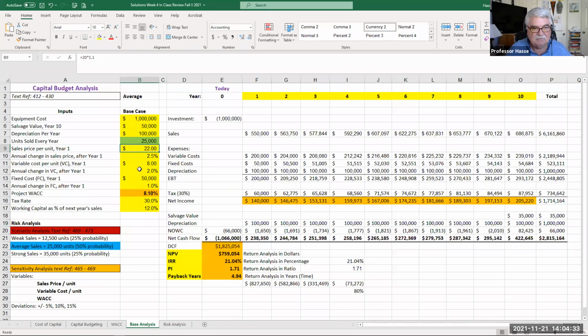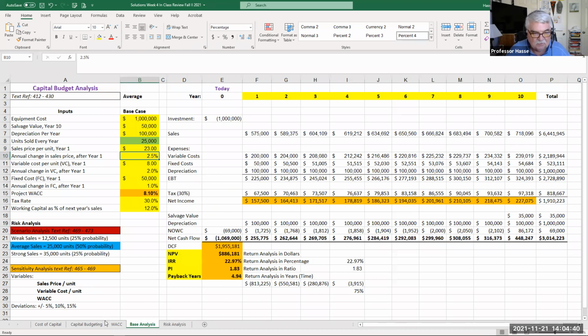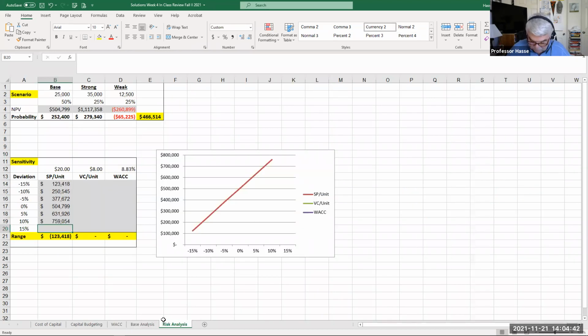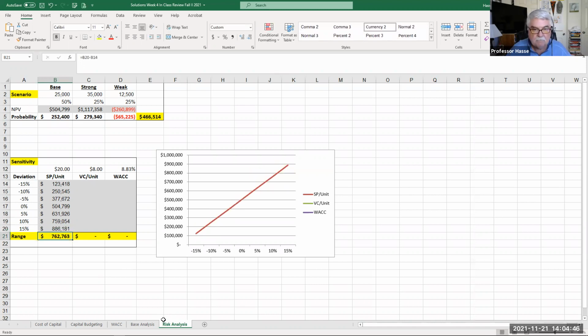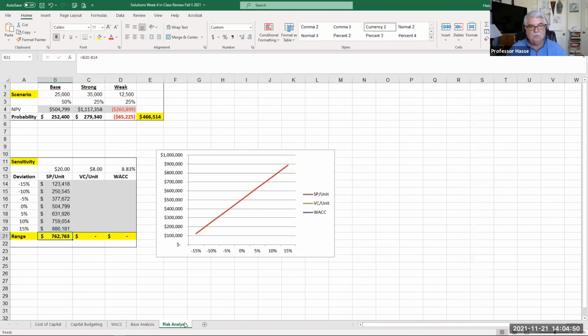And then finally, a 15% increase in selling price, 886,181. And there it is. So now we've completed the sensitivity variables for the selling price.